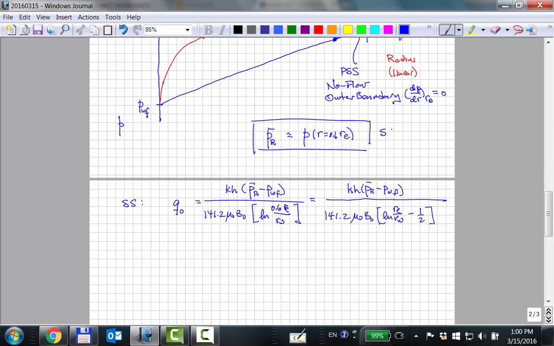So this is the condition for steady state, but if you have a pseudo-steady state with a no-flow outer boundary, then the average volumetric pressure is very close to the pressure at 0.472. Why I remember that, I don't know. About 50% of the distance out, a little less than 50% of the distance out. That's for pseudo-steady state.